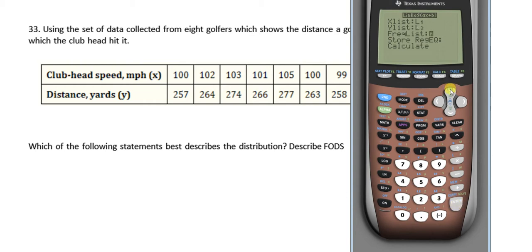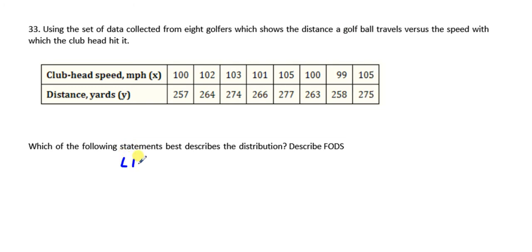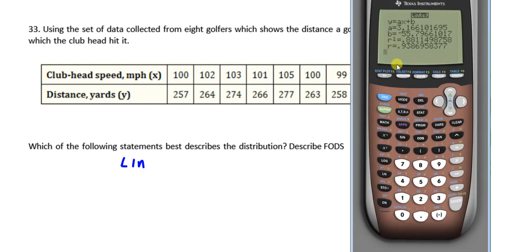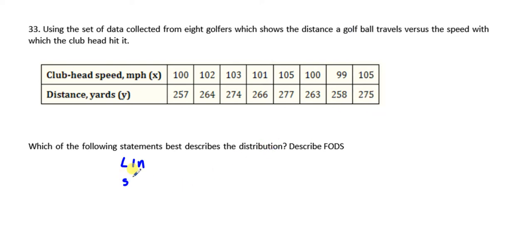Oops, I got list 3 in there. List 1 and list 2, I put those two lists in. And FODS: form is linear. And this is multiple choice, so all of them are going to be form. Correlation, R, is 0.93. Remember, the closer you get to 1, it's strong. So it's strong.